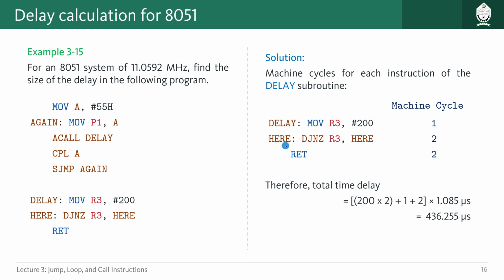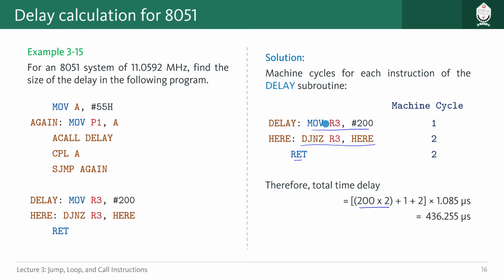In this particular line, this is a loop, and initially R3 is loaded with the value 200, and it gets decremented and compared, then goes back to the loop. In this way it will continue in a loop. How many times? 200 times. So this particular line will be executed 200 times. Here it is written 200 multiplied by 2, and besides that we also have the RET instruction and this line. These two lines will be executed only once.